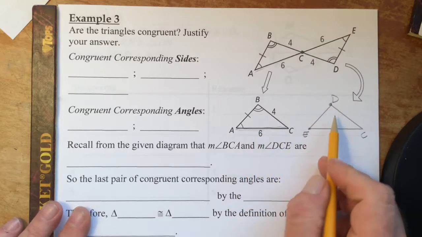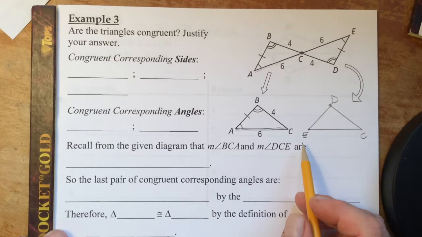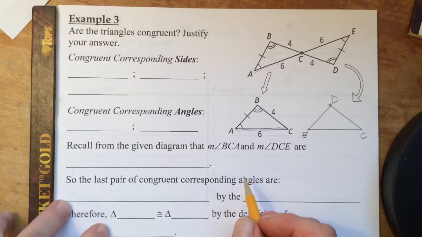Then we've got two triangles that are next to each other in a position where it's a lot easier to see what matches with what and what corresponds with what. So let's go ahead and write the congruent corresponding sides now.